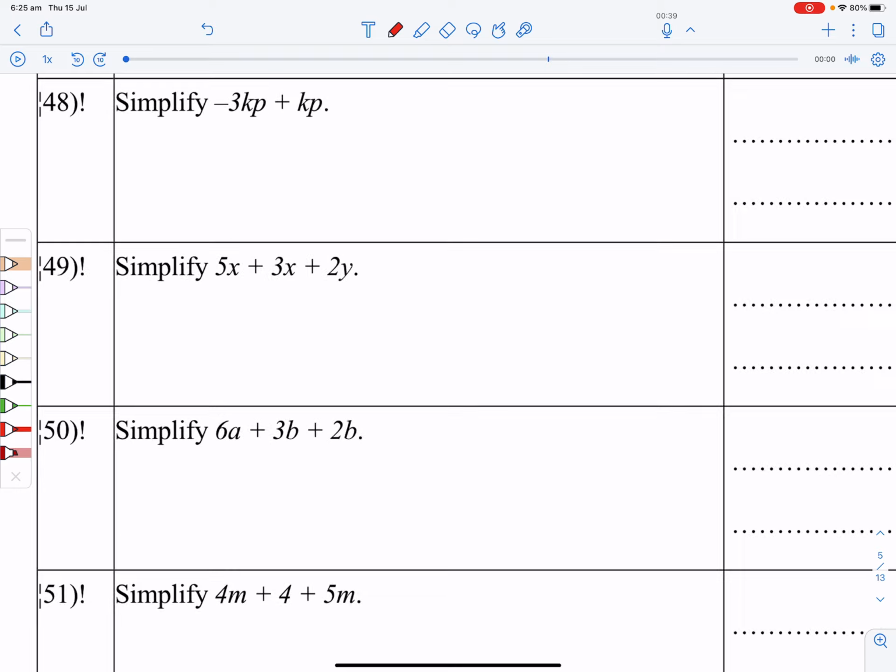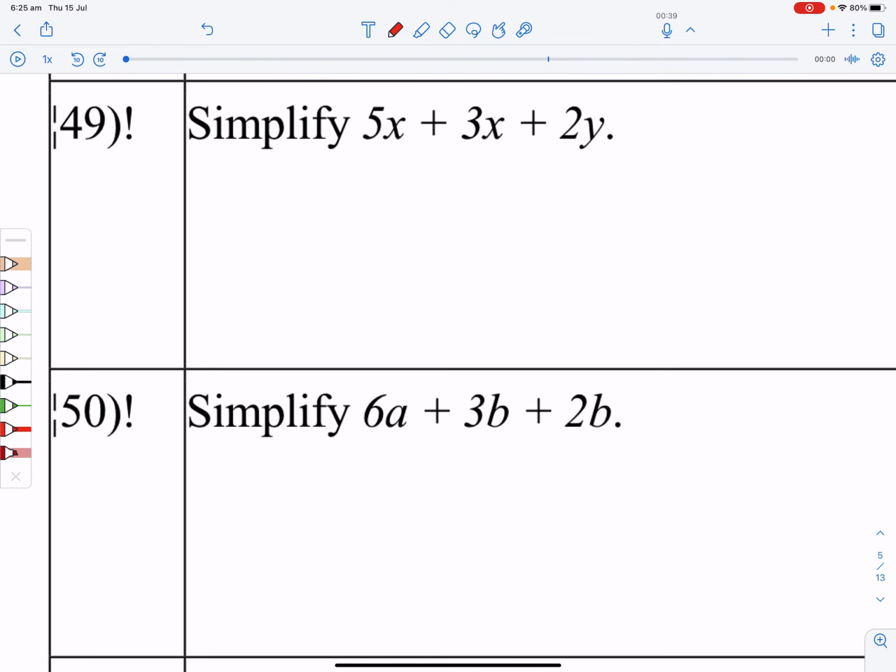All right, let's now go to 49. Let's have a look at this one over here. How many terms are there in this question? Well, if you have a look, this is a term, this is a term, and this is a term. So there are actually 3 terms. And which terms are the like terms? The 5x and the 3x. They're the like terms.